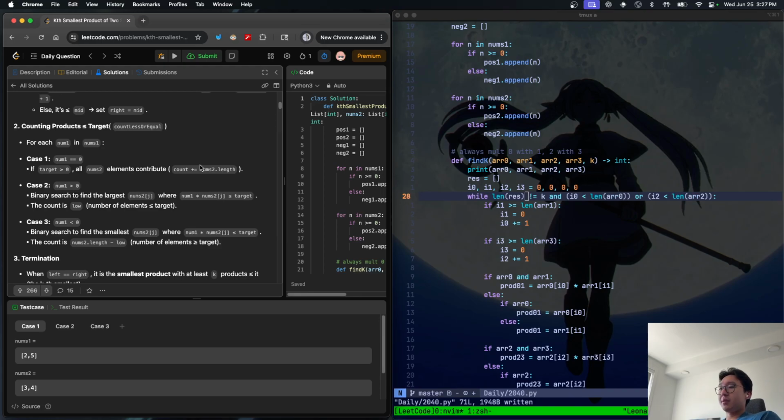If the target is greater than or equal to 0, then all nums2 elements contribute to the count. If num1 is greater than 0, then binary search to find the largest nums2 element where num1 times that element is less than or equal to target.